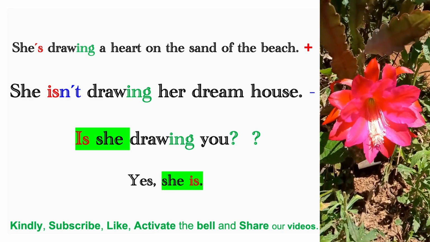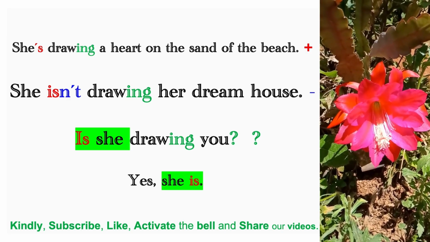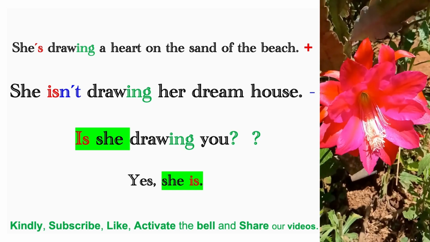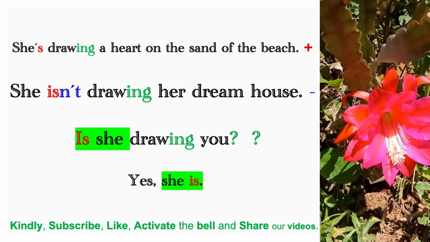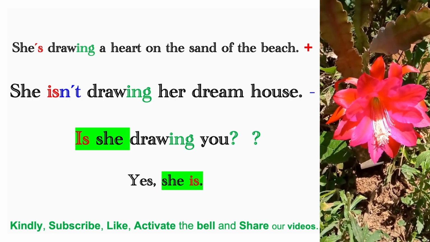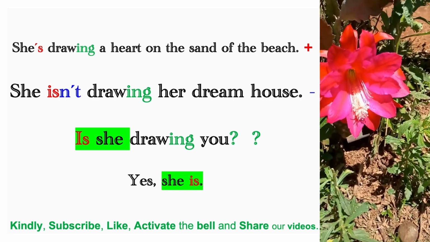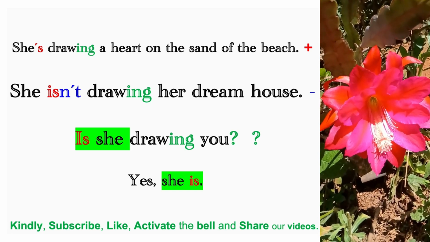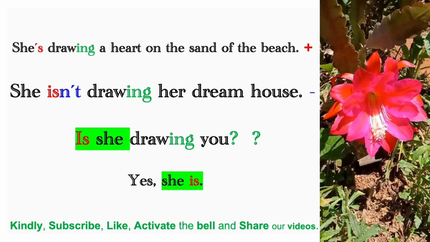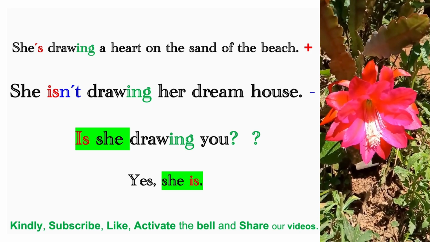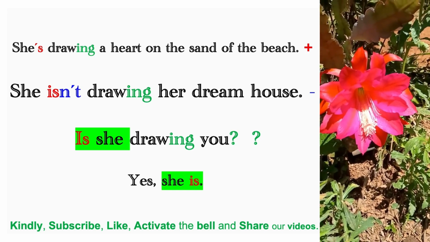And the water of the sea comes and washes it away. She's drawing a heart on the sand of the beach. She isn't drawing her dream house. Is she drawing you?